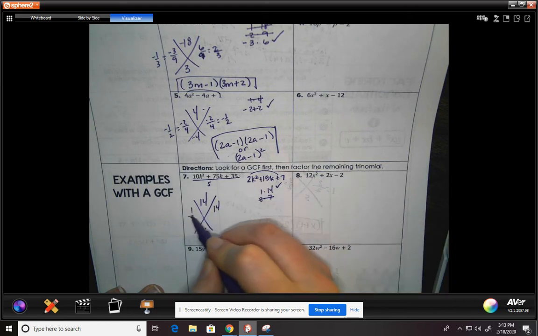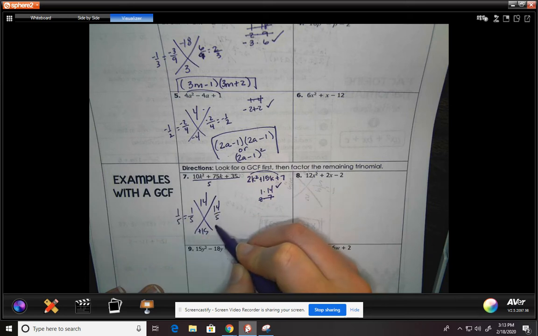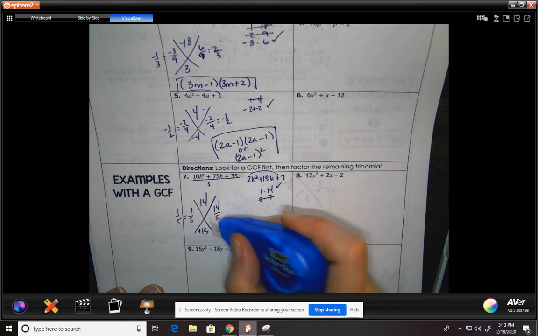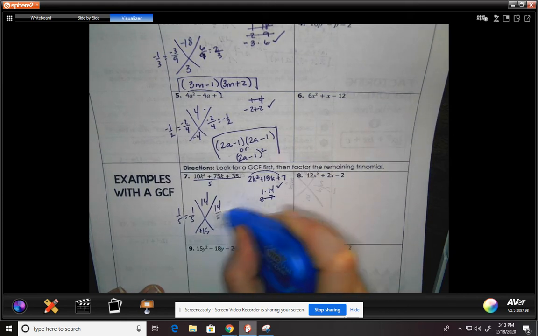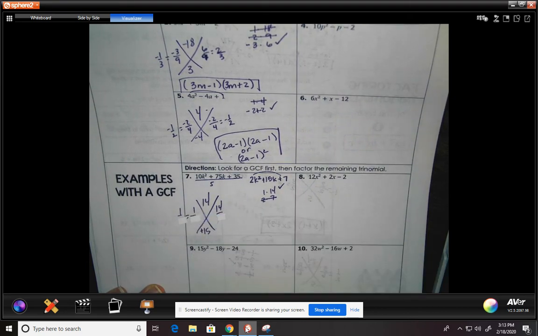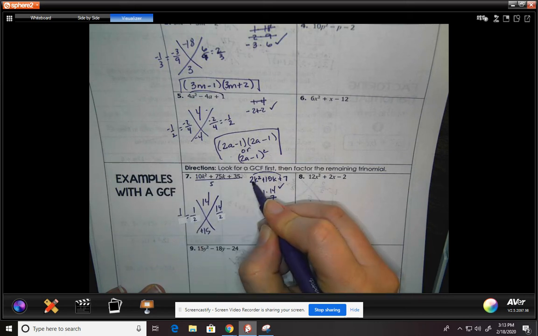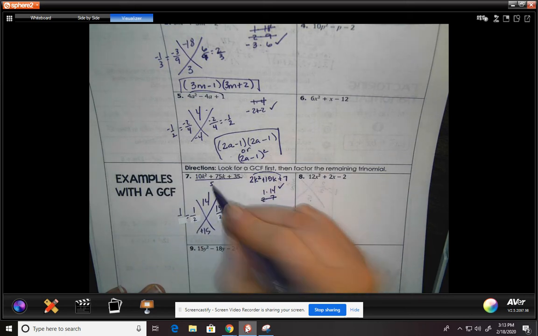Now we divide by that leading coefficient of 5, which will give me 1/5. Divide by that leading, no. The leading coefficient's not 5 anymore. I'm trying to rush myself. Don't rush yourself. The leading coefficient is 2. Remember, it changed. I just looked up here for the GCF.